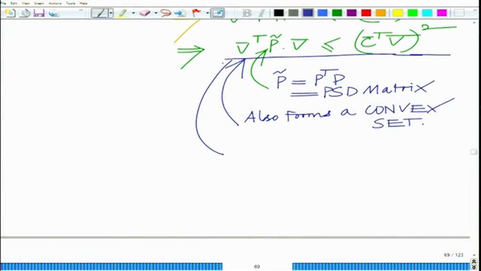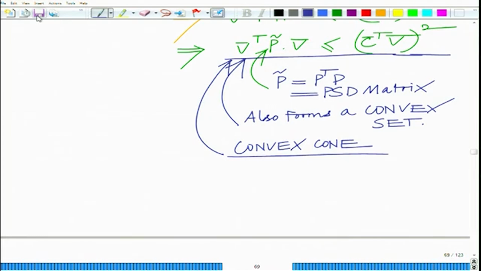You can think of this as a general expression for a convex cone given by the affine precomposition. All right. So, these are very interesting properties.